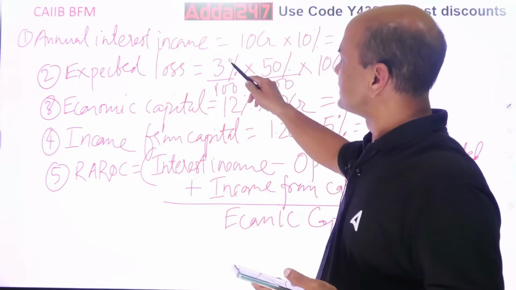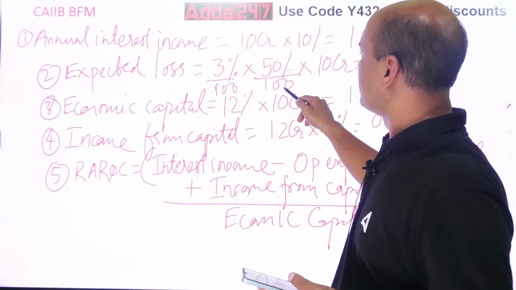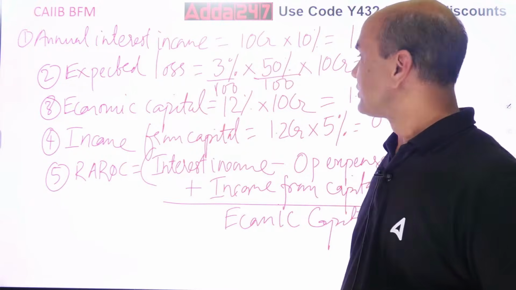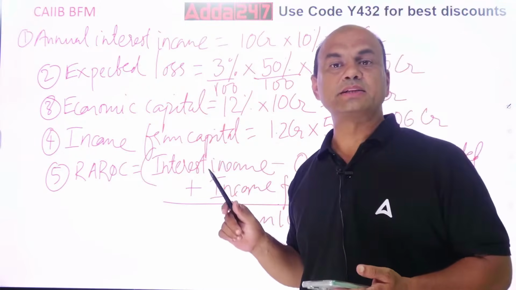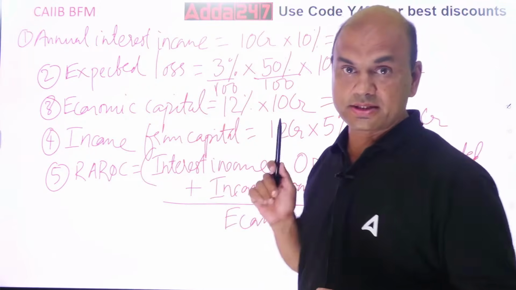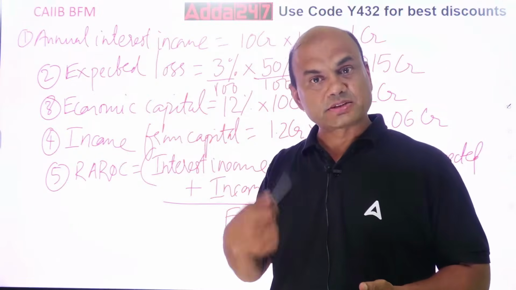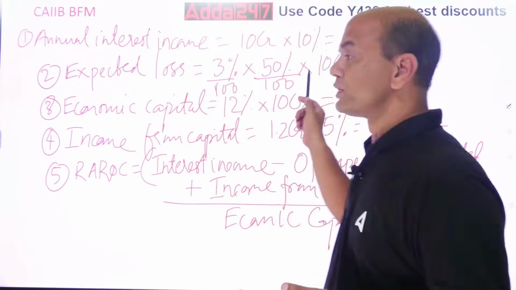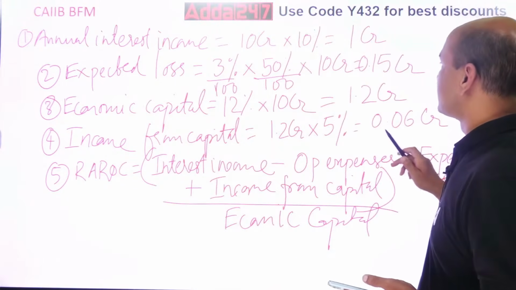3% into 50%: 3 upon 100 into 50 upon 100 into 10 CR. Again, never ever try these manual calculations in the exam. Even if you are the best problem solver, you will always go wrong. So do this for 0.15 CR. Got it?